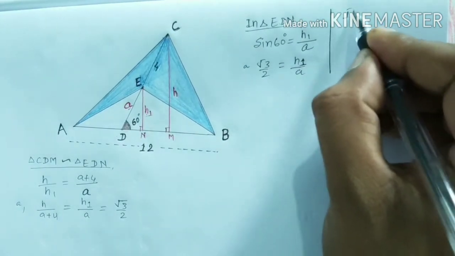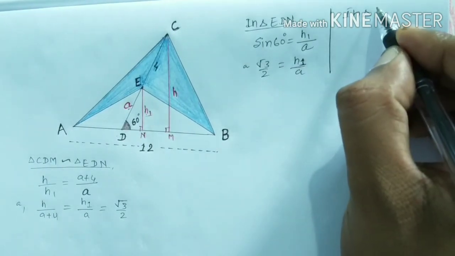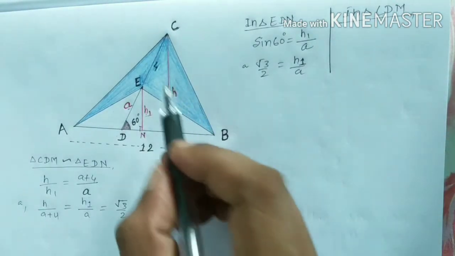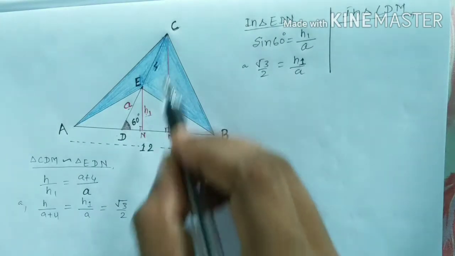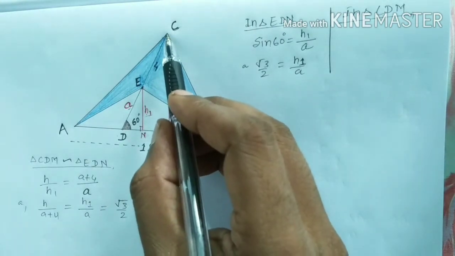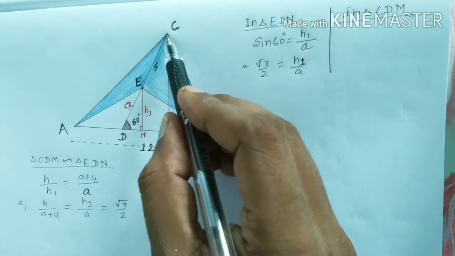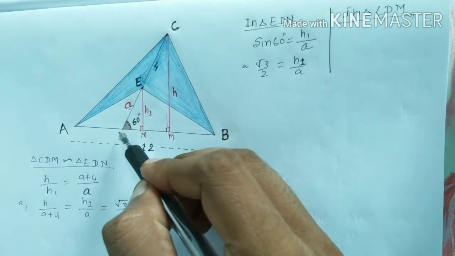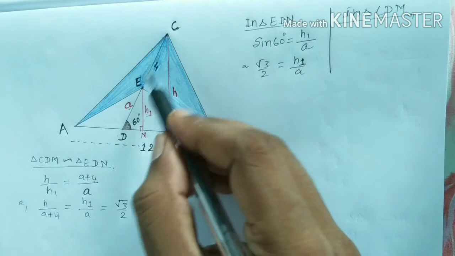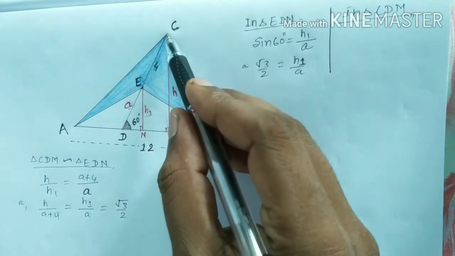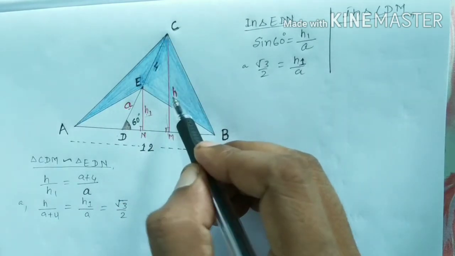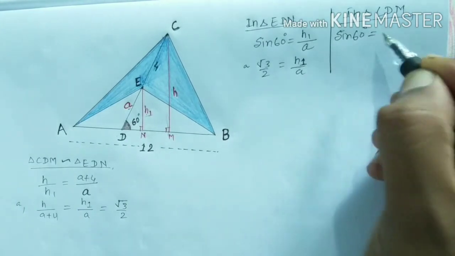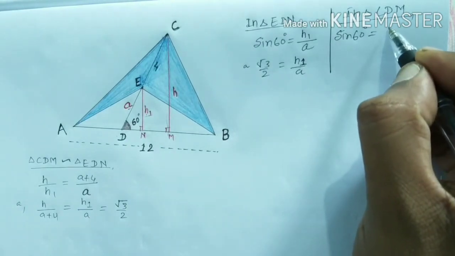In the same way, if we see triangle CDM, the perpendicular is H and the hypotenuse is A plus 4. This whole side is the hypotenuse of this triangle. So again we can take sine 60 degrees, which is equal to perpendicular by hypotenuse.